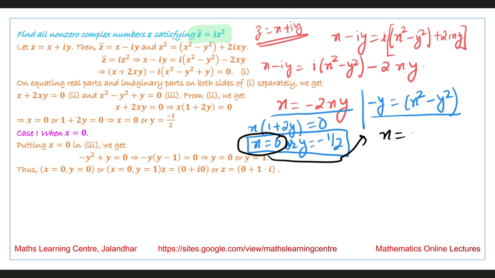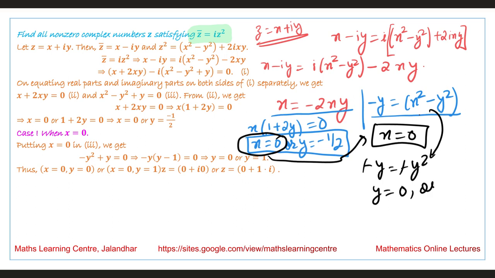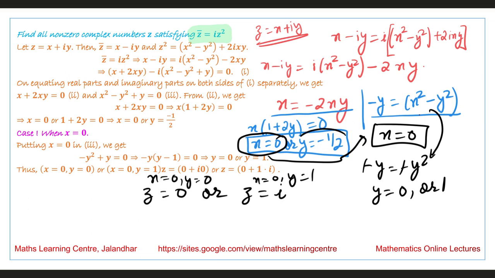When x is equal to 0, then this equation gives us minus y is equal to minus y square. So we get the value of y is equal to 0 or 1. So the numbers we have are z is equal to 0, or z is equal to iota. That is x is equal to 0, y is equal to 1, and x is equal to 0 and y is equal to 0.